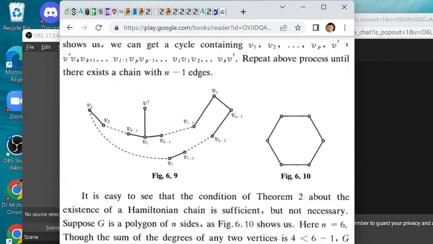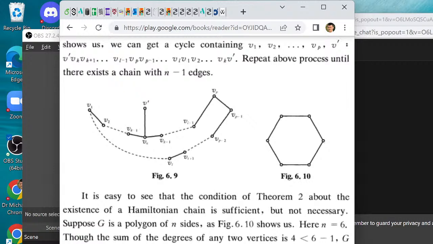It is easy to see that the condition of theorem 2 about the existence is sufficient, but not necessary. I guess it's trying to say it's easy to see it's not necessary. Suppose G is a polygon with n sides. Here n equals 6.